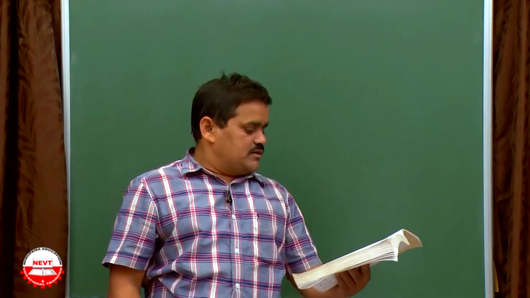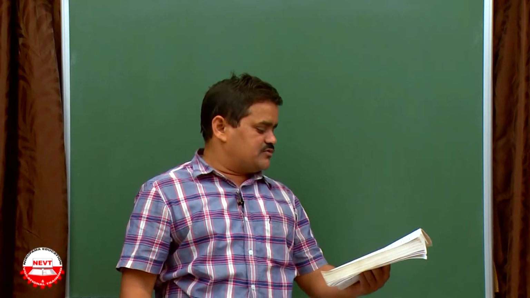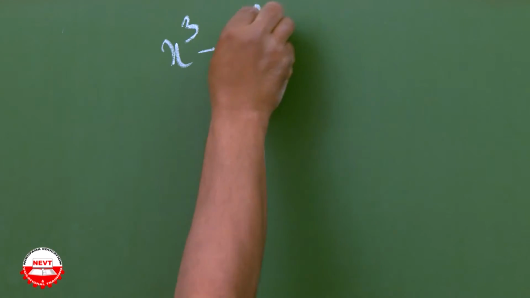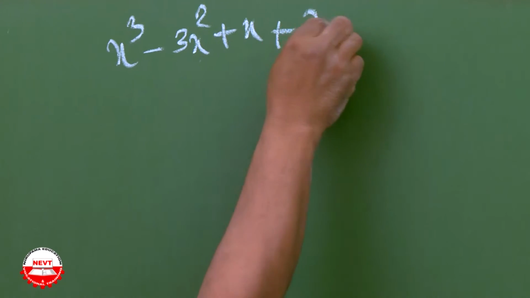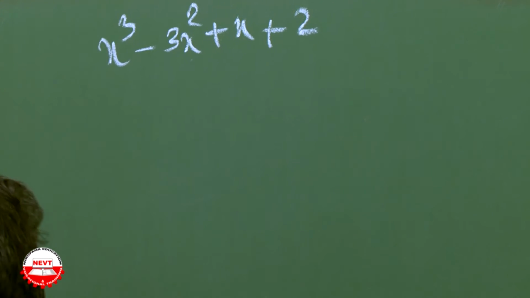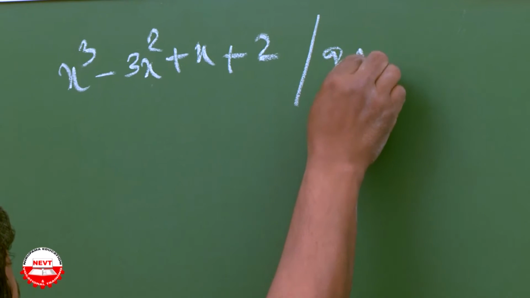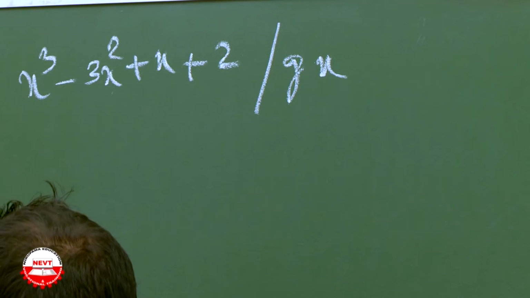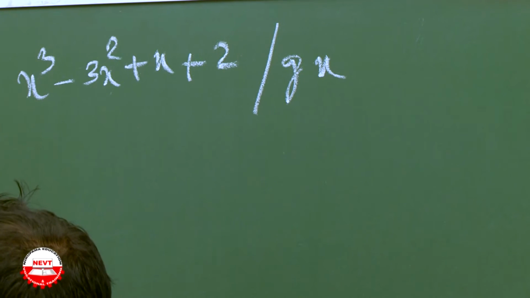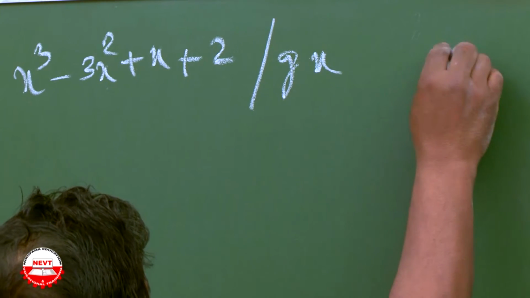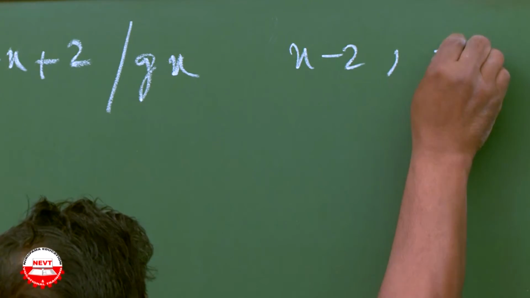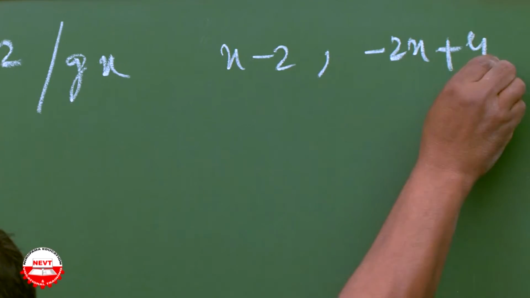Okay? Question number 4. Divide x³ − 3x² + x + 2 by a polynomial g(x), and we get the quotient and remainder as x − 2 and −2x + 4. The quotient is x − 2 and the remainder is −2x + 4.